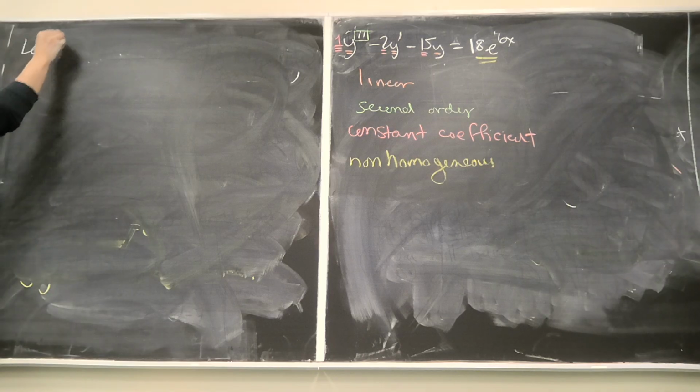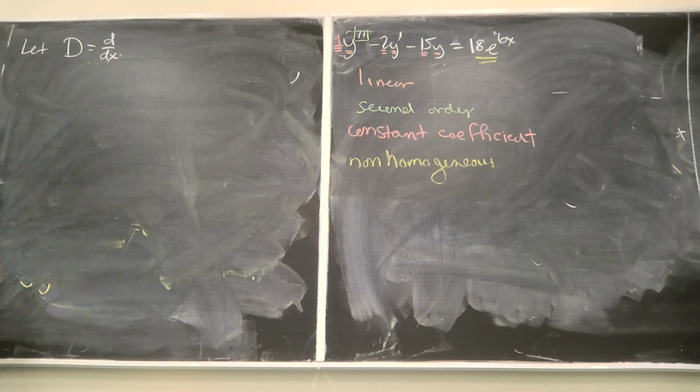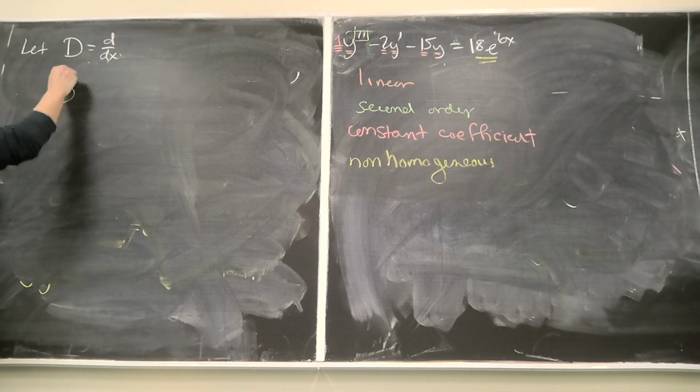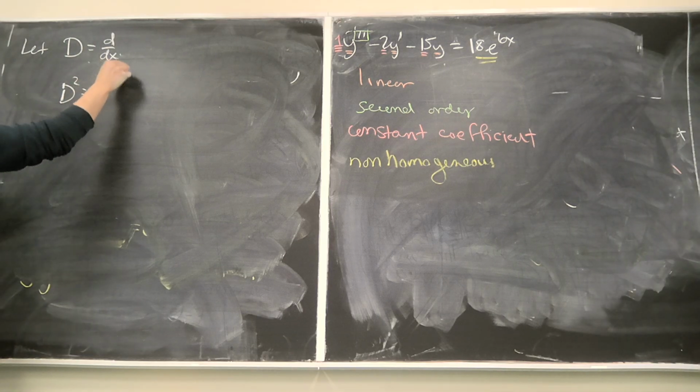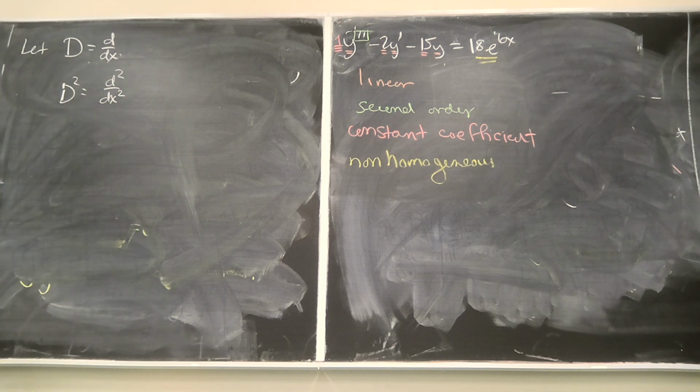We're going to let the symbol D mean the act of taking a derivative. This is sometimes called a differential operator. You can think about it like a matrix that you're going to apply to a function. So D squared means take two derivatives. D to the third would mean take three derivatives, and so on.